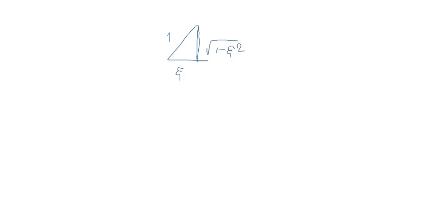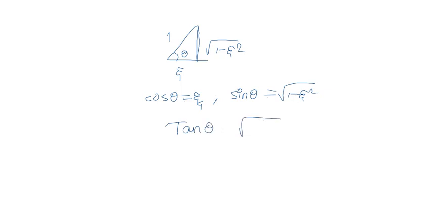So from this triangle, cos theta equal to zeta, and sin theta equal to under root of 1 minus zeta square, and tan theta equal to under root of 1 minus zeta square by zeta.